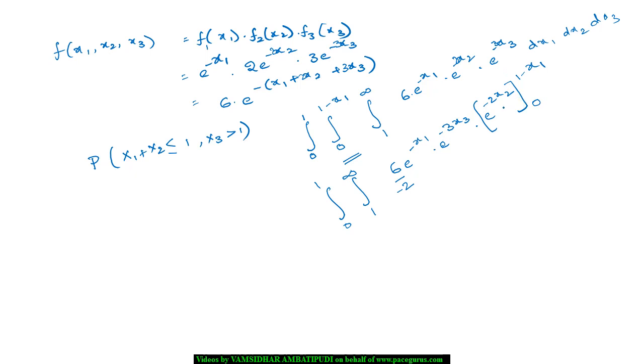So this works out to minus 3 e power minus x1 minus 3x3, and this becomes e to the power of minus 2 times 1 minus x1, minus e to the power of 0, right? So it works out to this much.